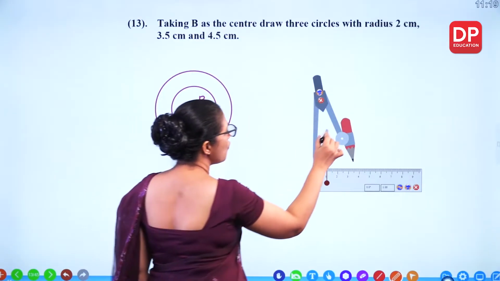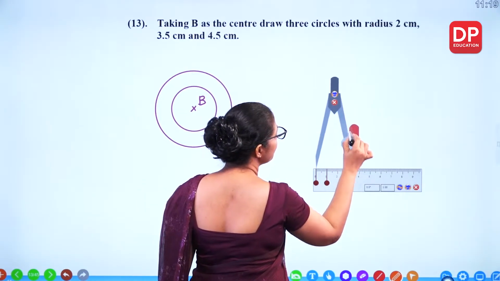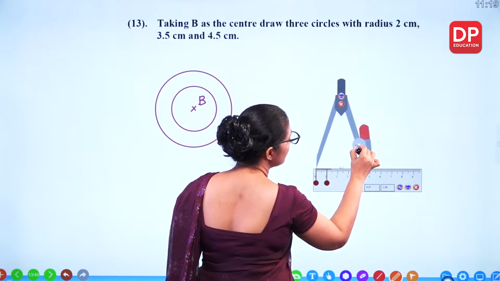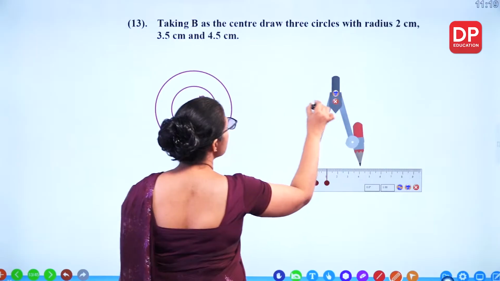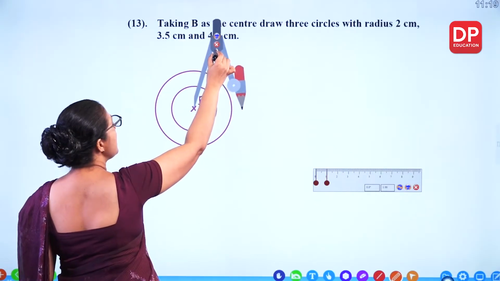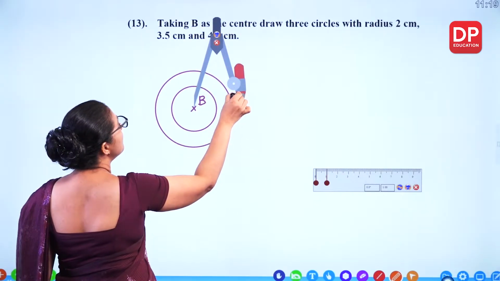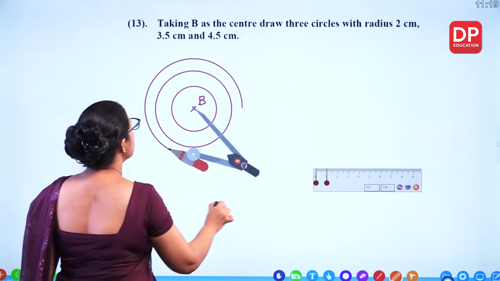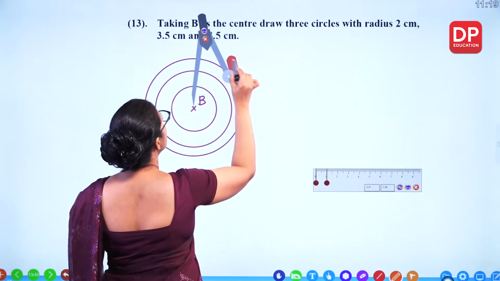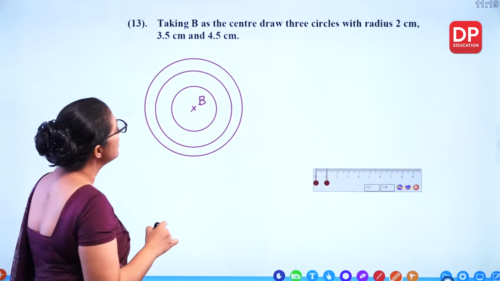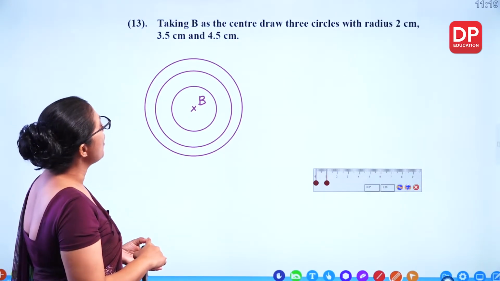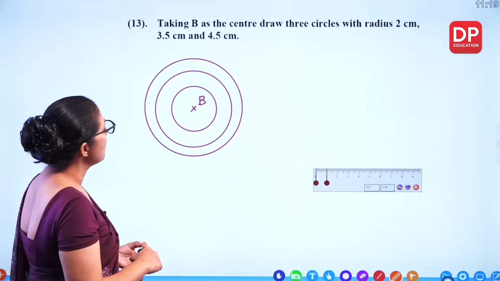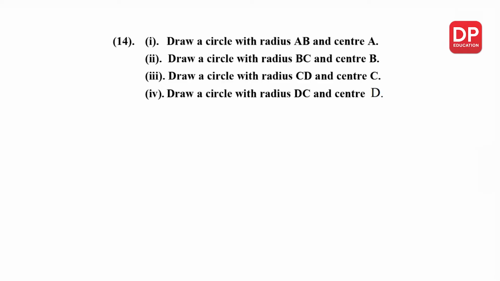So measure 4.5 now. This one, 4.5. That's the third circle. Center is B. Draw the third circle. So those are the 3 circles with radius 2, 3.5 and 4.5.